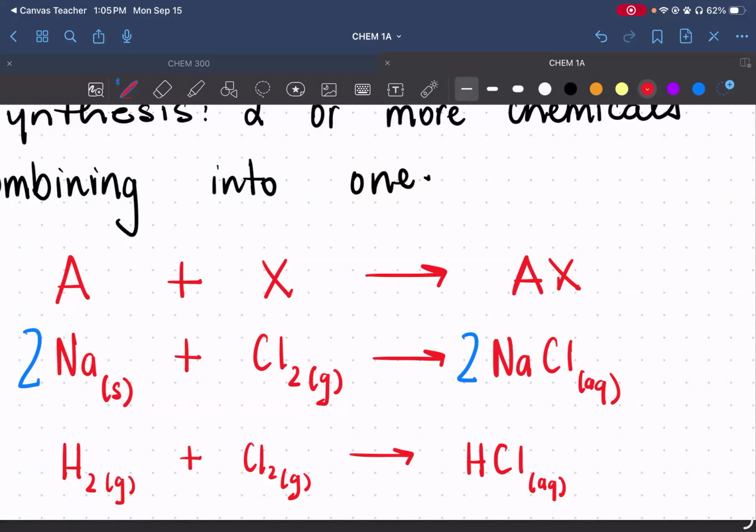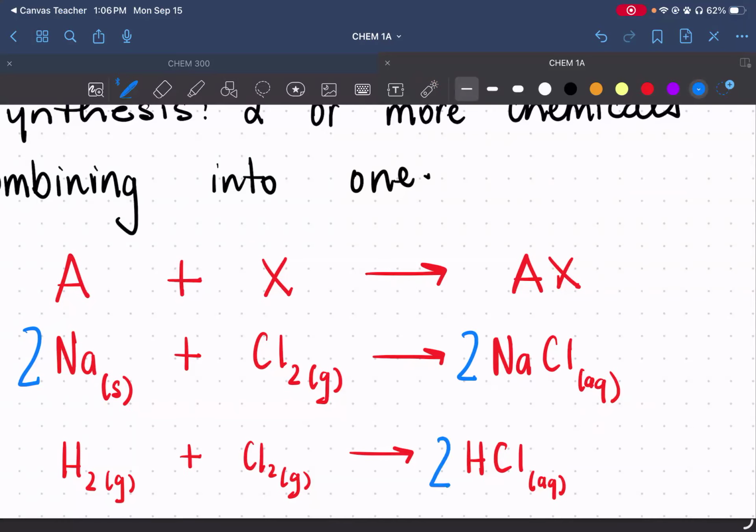Hydrogen is a group 1 cation, so no exceptions. It's not that I'm wrong, but remember the 2s, those subscripts represent crisscross. In the case of hydrogen and chlorine, the crisscross is just 1 to 1. So all that's left, of course, is just to put a 2 in front of the HCl.